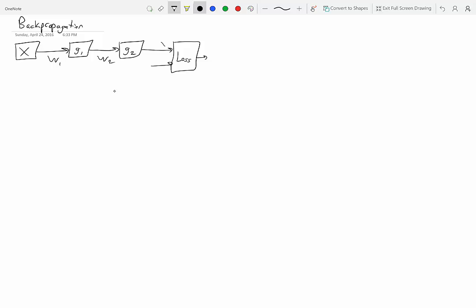Now comes our loss, and this is y hat, and this is y. To be able to do gradient descent, we need to calculate the derivative of the loss with respect to weight 1, because this is unknown, and the derivative of the loss with respect to weight 2, which is right here.